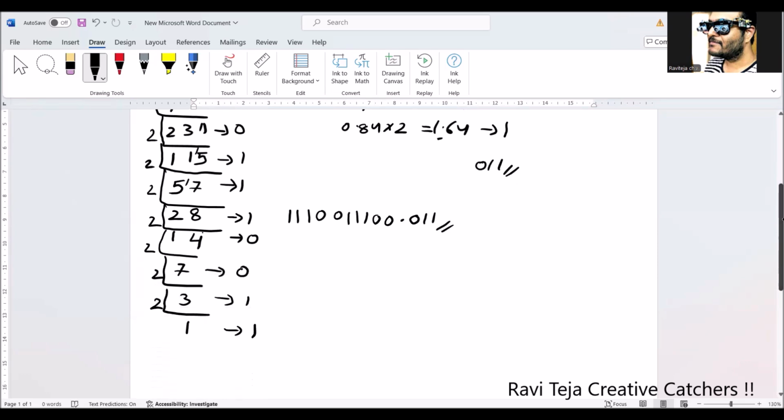So let's conclude the answer. 924.46 of decimal number is equal to 1110011100.011. So this is our answer.